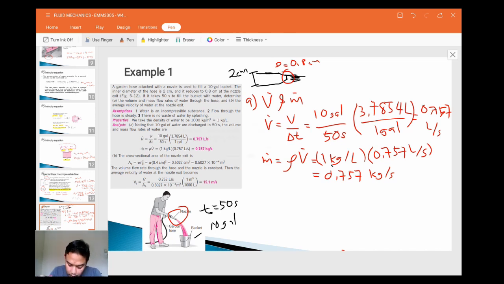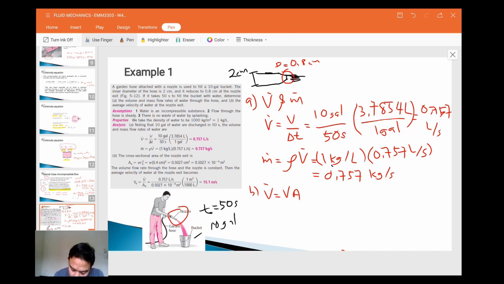Okay, then for question number 2, find the average velocity at the nozzle. We know that V dot is equal to velocity times area. In this case, the question asks you to find the velocity at the nozzle exit.